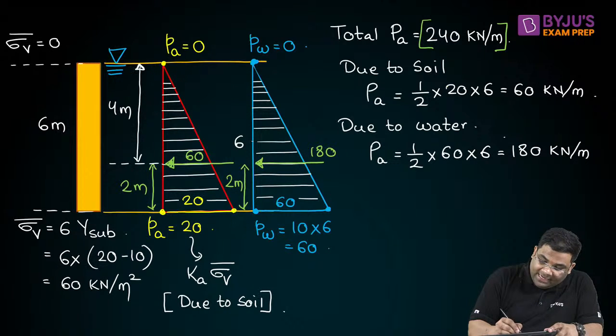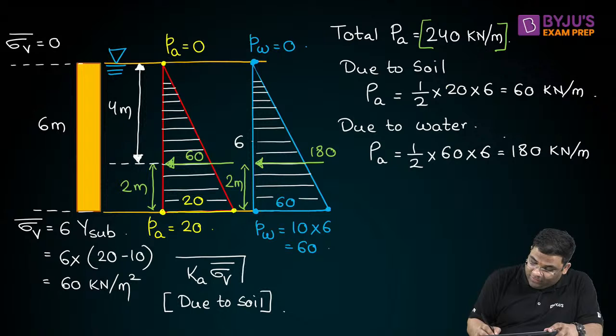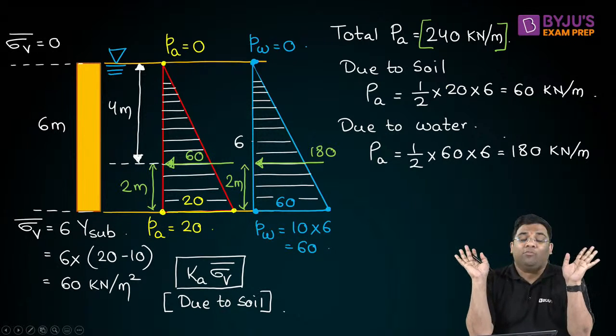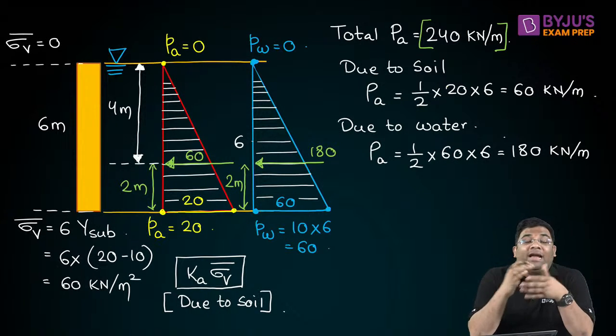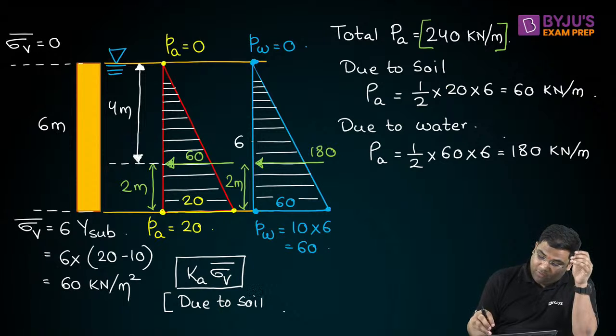Tell me, is there any requirement to remember any other formula apart from this, that your active earth pressure is K into vertical stress? There is no need to remember any formula. You just need to know how to find out what?